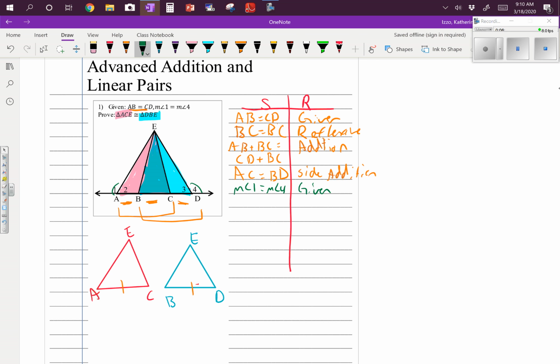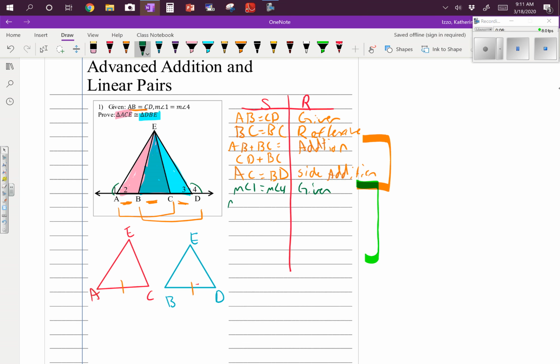Those aren't even in the triangle, squirrel. What do we get? We need to do linear pairs. So this right here, that's all side addition. Now we need to do the whole linear pairs thing.